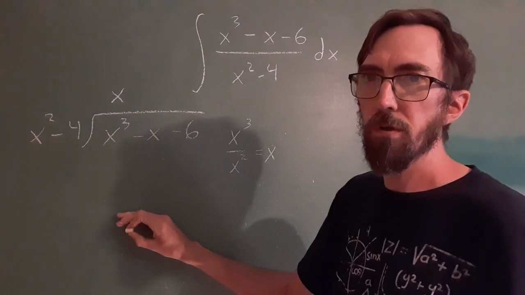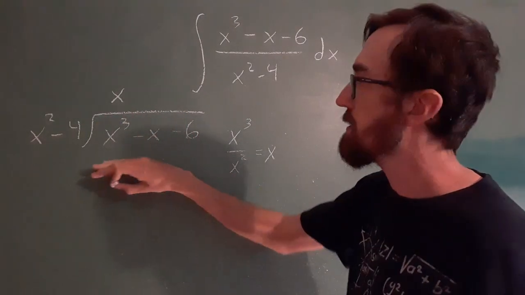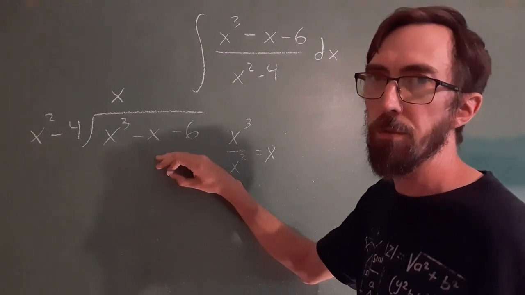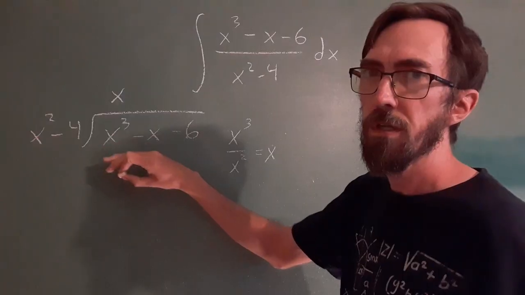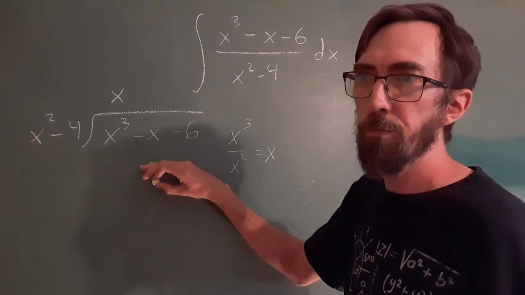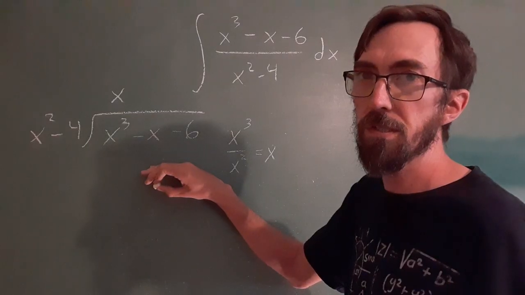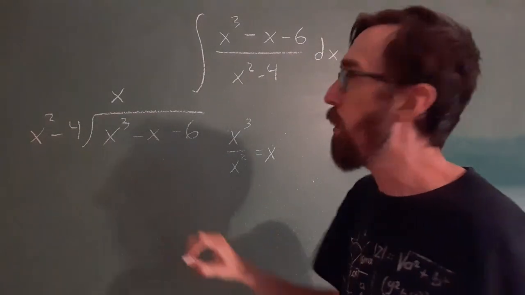And like normal long division, you're going to take this number and multiply by this number and subtract it from this number. Now I say number, we're using polynomials as if they were singular numbers, but polynomials are a closed system when used with arithmetic, so it works the same way.